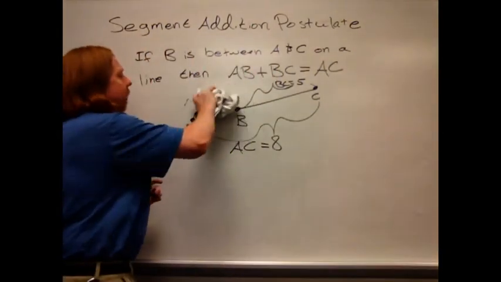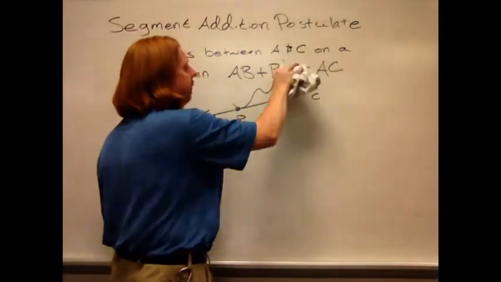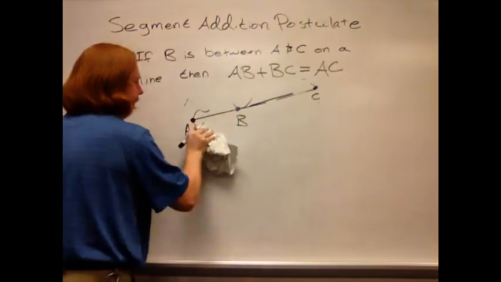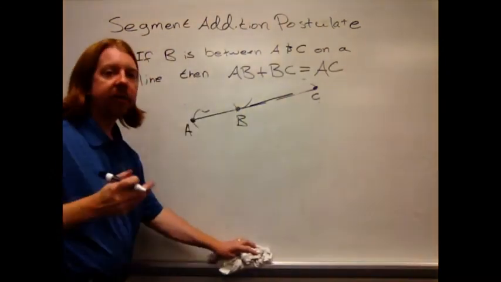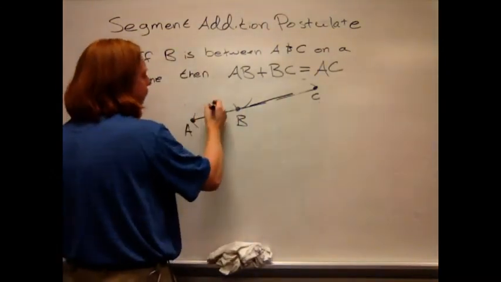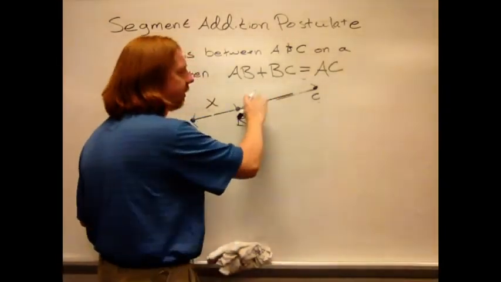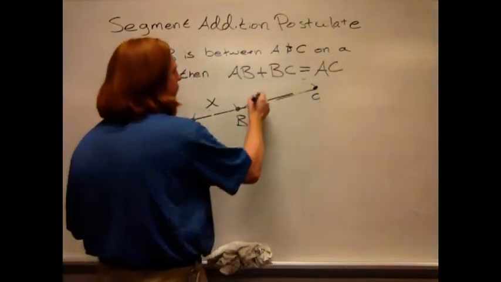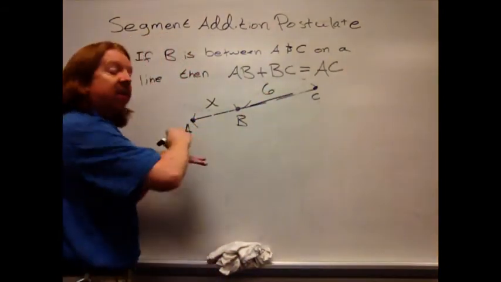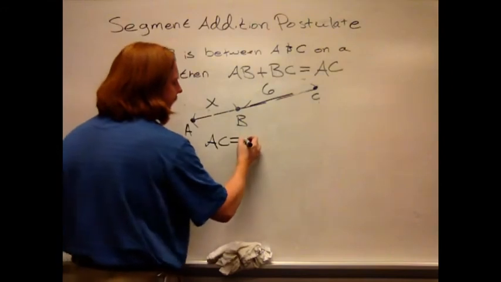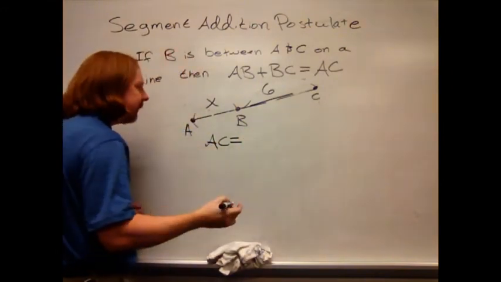So again, what if we take some of our concrete numbers out? If I were to tell you that this part I don't know, call it x. This part I do know, let's call it 6. And the whole thing, AC, is given as 8.